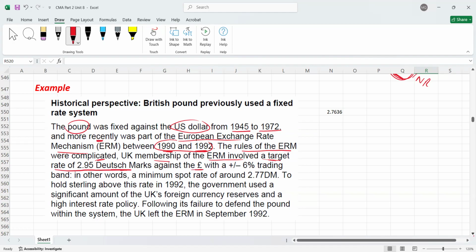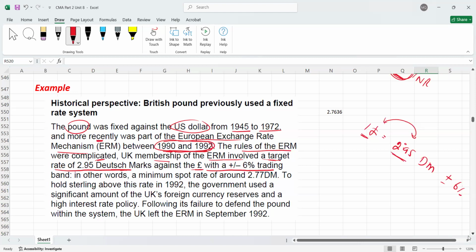So from 1990 until 1992, the pound was fixed against the German mark at 2.95 DM, which means £1 was equal to 2.95 DM, with a trading band of plus or minus 6%. It means it was a kind of fixed exchange rate system, with the rate fixed at £1 to 2.95 DM.